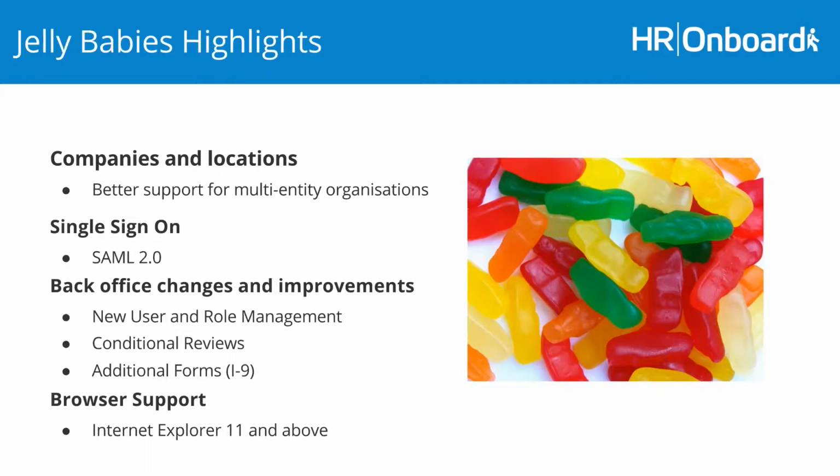One of the use cases for this is for the I-9 form in the US, where the candidate has to complete some information, and then once the candidate's accepted the offer, payroll or HR need to go in and verify that they've cited documentation, and that needs to still produce the I-9 form.